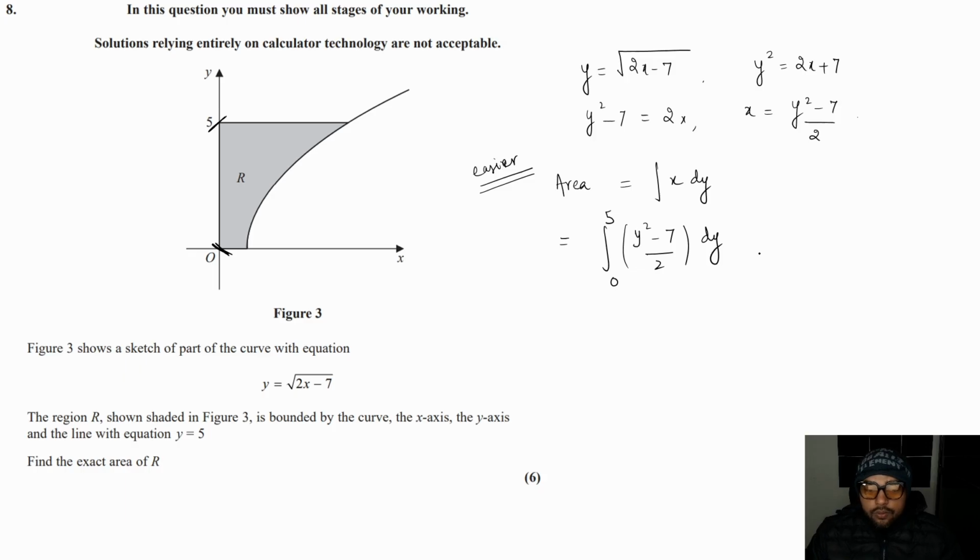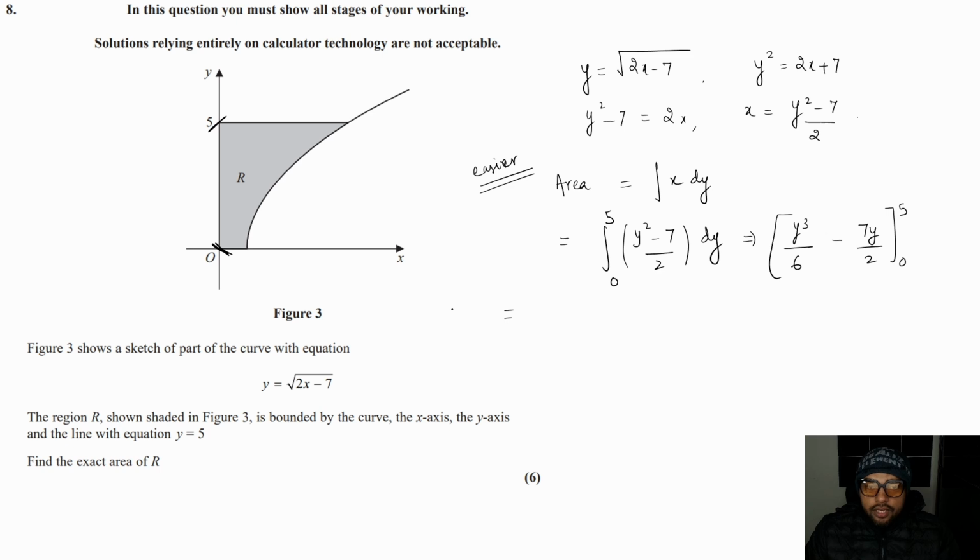Now on calculating it further, we just need to integrate here, students. We'll get y cubed by 6 minus 7y by 2 in the bracket, with integration from 0 to 5.